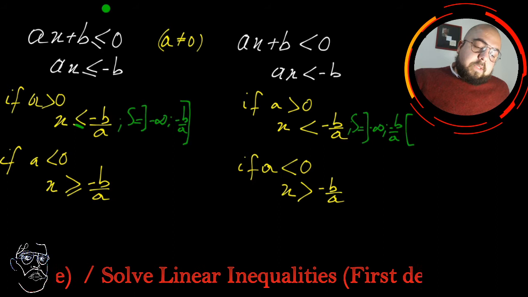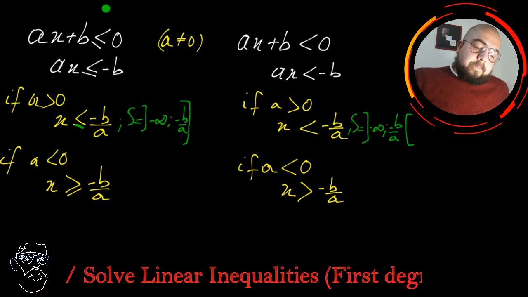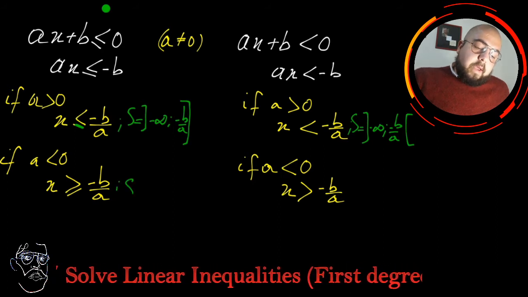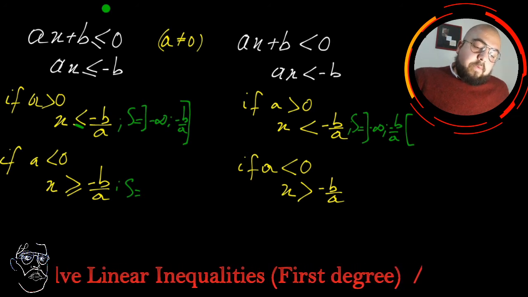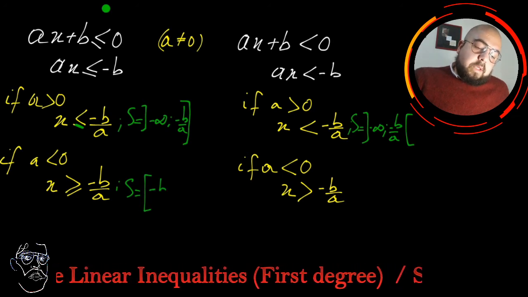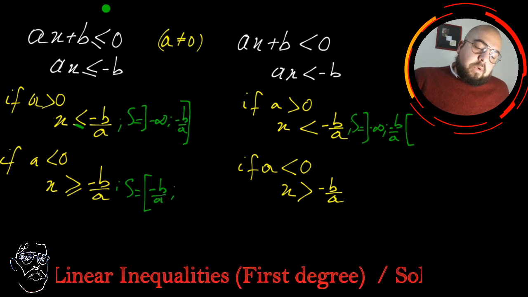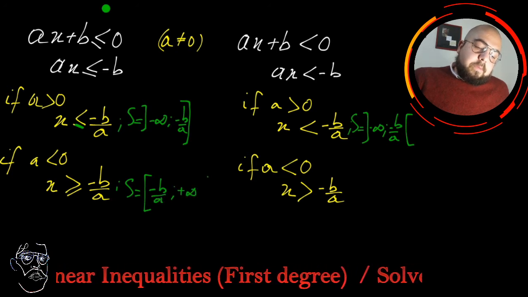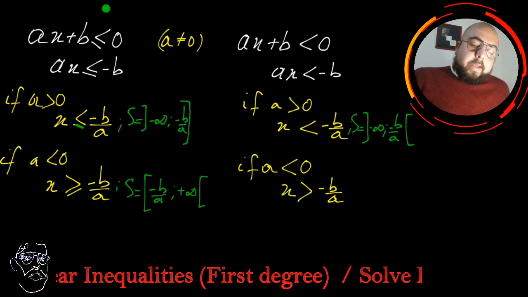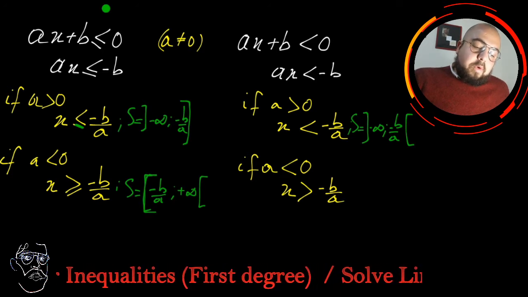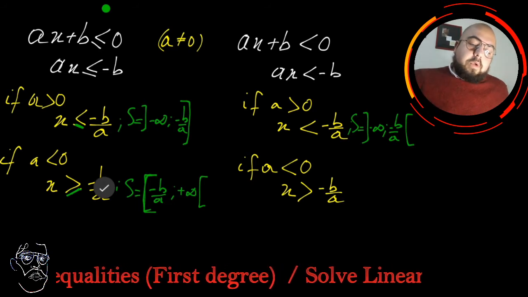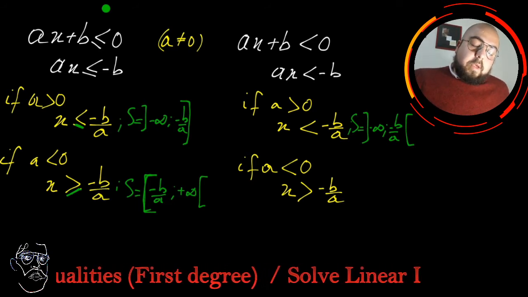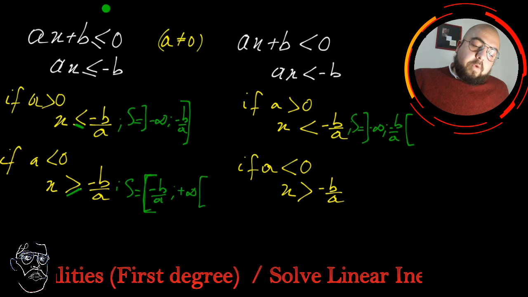Now, what about the second case? In this case, we will have S starts from minus b over a to plus infinity. The bracket is closed for minus b over a since I have greater or equal to minus b over a.